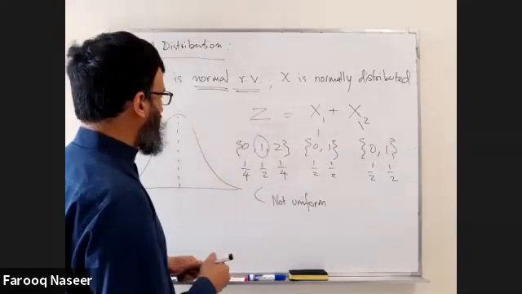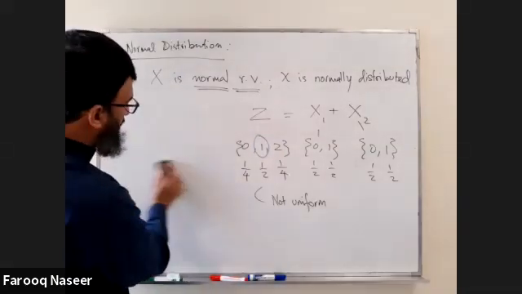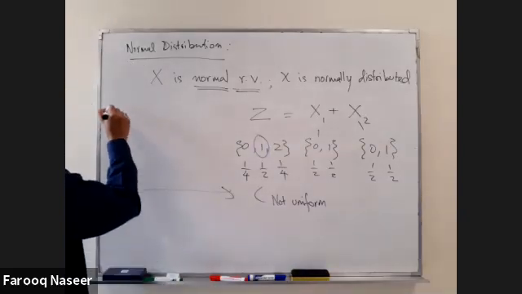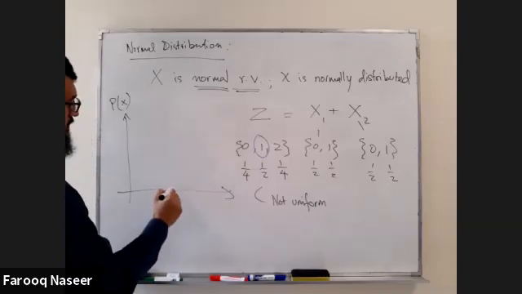So in fact, if you were to plot this, so probability on this axis and values on the horizontal axis.